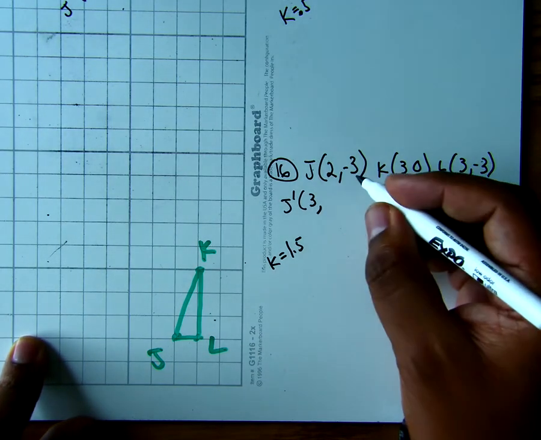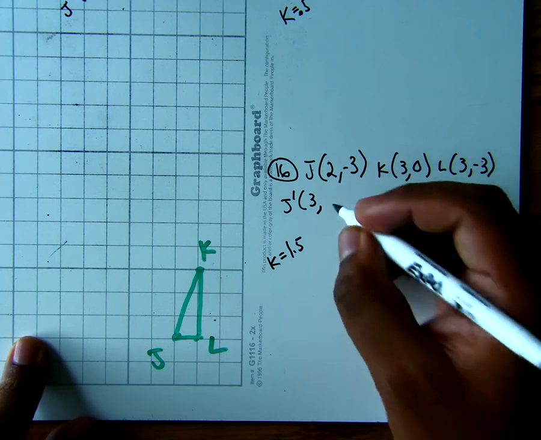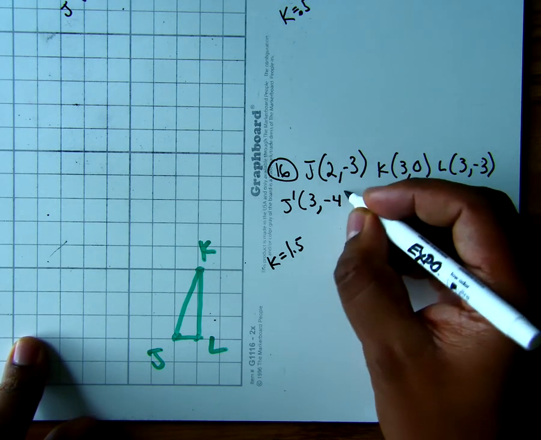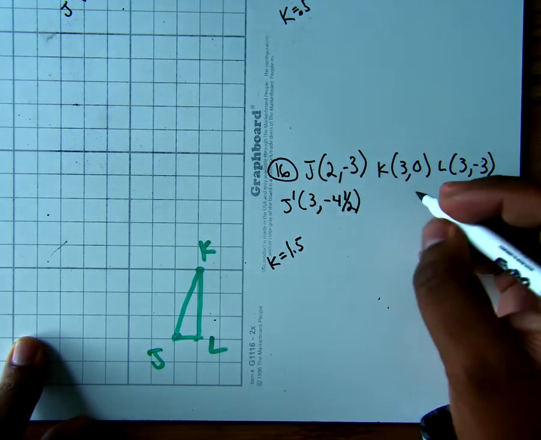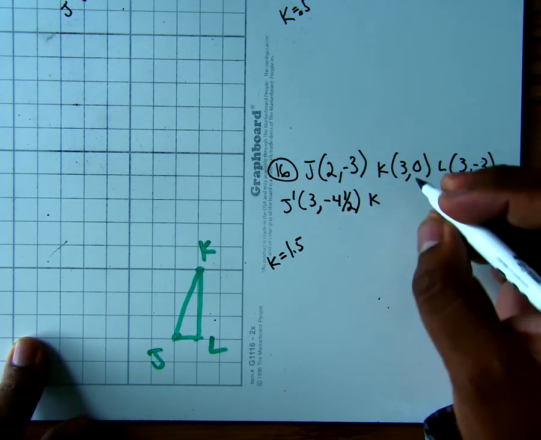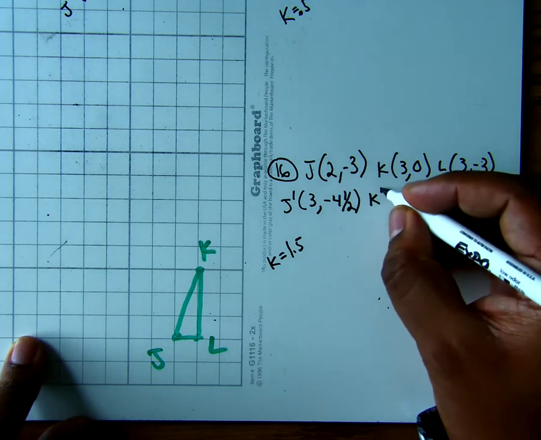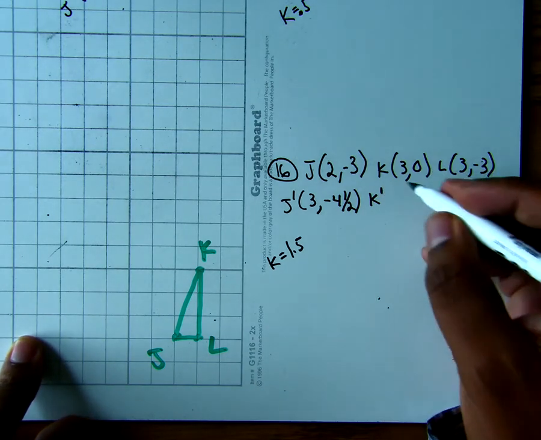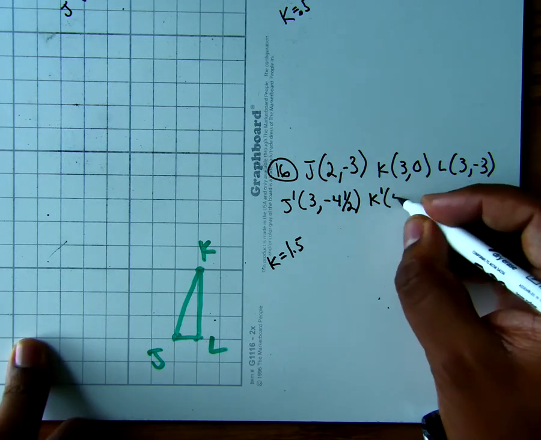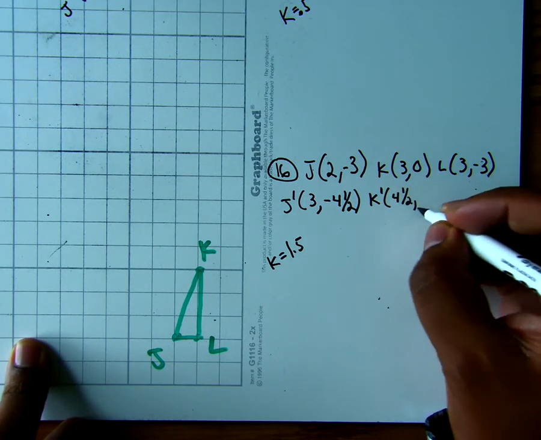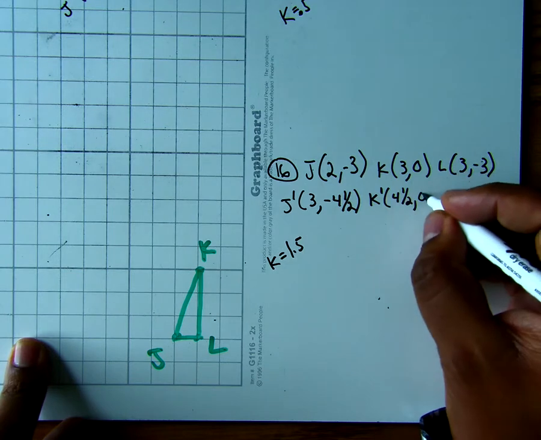Now 1.5 times -3 is going to be -4.5. Okay, and that's our J. Now we'll get the image for our K. Multiply 1.5 times 3 here, and that's going to give us a positive 4.5. Multiply times 0, and it's just 0.